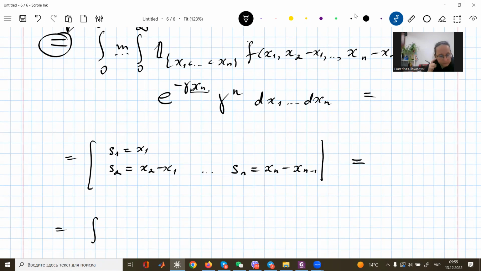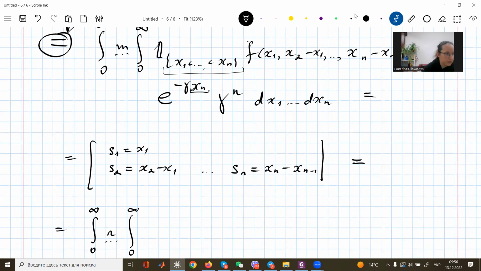And the region of integration, since I have just this one, I know that they are from 0 to infinity because the difference is non-negative. So I know this n integrals from 0 to infinity.